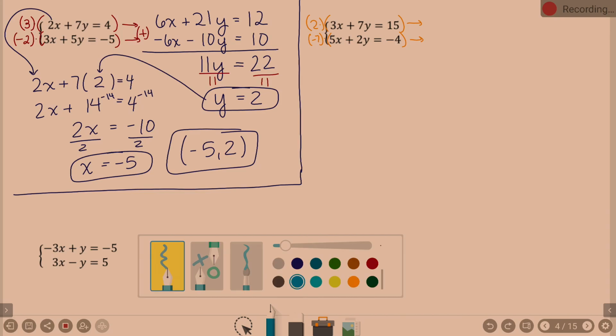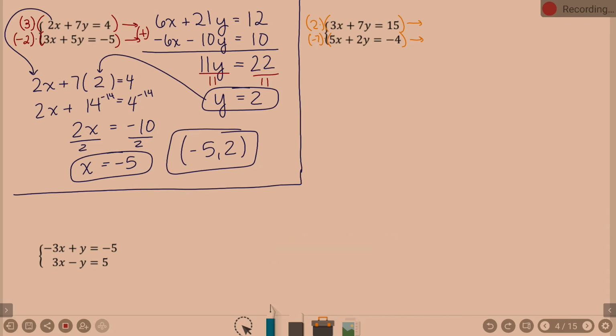So top equation, when multiplied by 2, becomes 6x plus 14y equals 30.